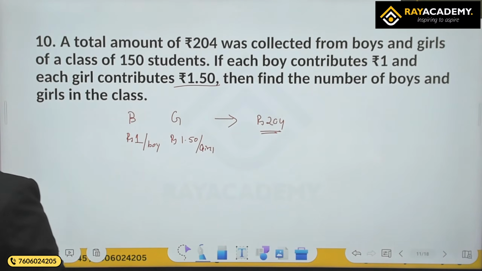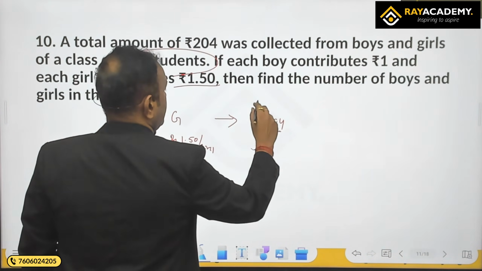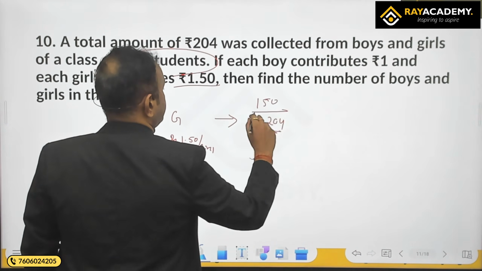Then find the number of boys and girls in the class. Boys and girls total is 150. So it is 150 total and 204 collected.